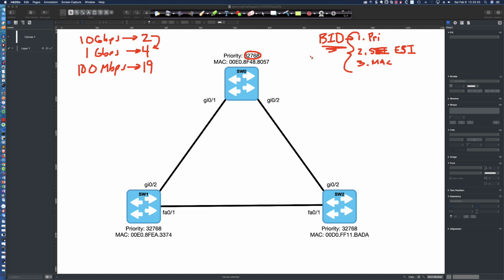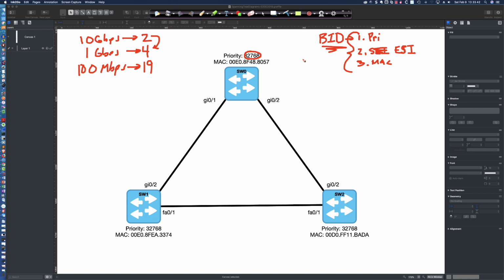Now, remember, in spanning tree, lower is always better, and there will never, ever, ever be a tie, which means that ultimately there will always be a winner for superior bridge ID. In other words, the lowest bridge ID.